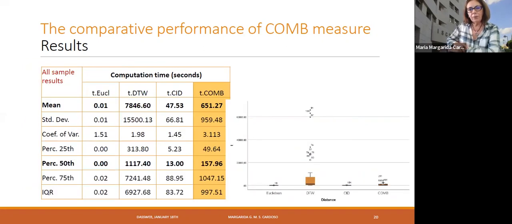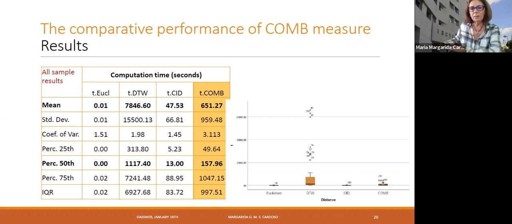In what refers to the computation time, which is the reverse side of the experiment, not only the performance, but how much time we have to conduct the analysis. So in here we see that the loser is the DTW, which was the winner before, and the proposed distance stays in second place also.